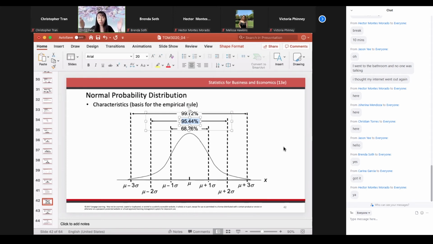The 2 standard deviations separates the normal versus the extreme, the special ones. But if you go even beyond that, 3 standard deviations above and below, this range covers 99.7%.